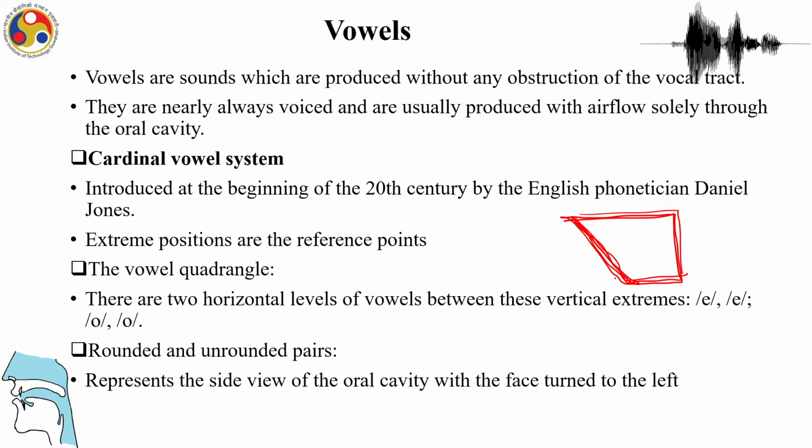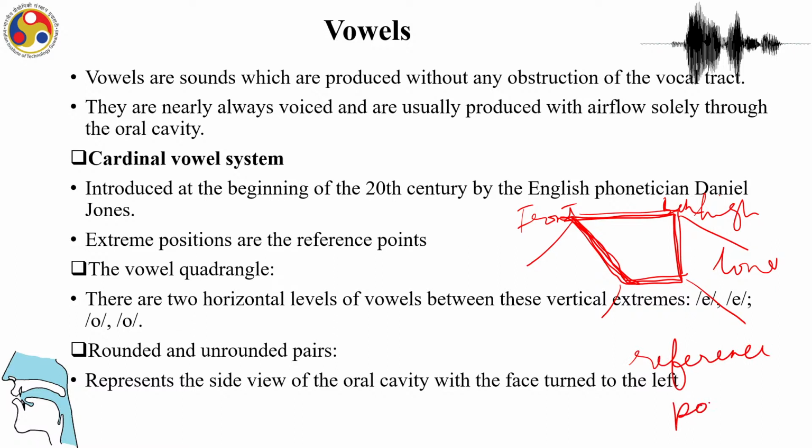So where we have levels of high and low, we have front and back, and so the extreme positions here and here and here, these are called the reference points.